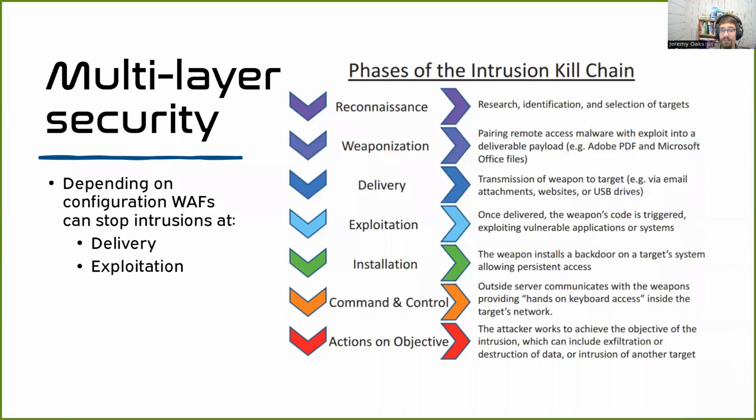At the delivery phase, the WAF is going to be looking for and blocking common indicators of malicious requests, whether that be user agents, content types, etc. At the exploitation phase, the WAF is inspecting for those actual malicious payloads, and it's going to block a variety of attacks, even if the application itself is actually vulnerable.